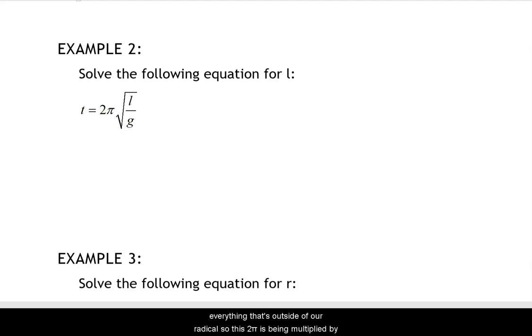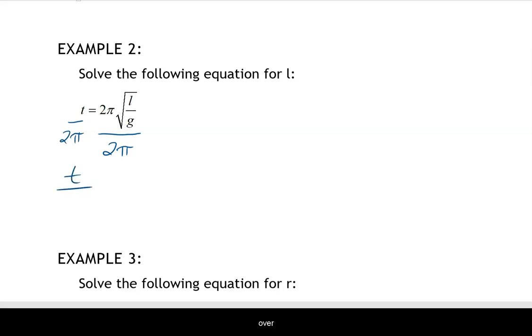So this 2 pi is being multiplied by the square root. So we're going to divide our right hand side by 2 pi. That will give me T over 2 pi equals square root L over G.